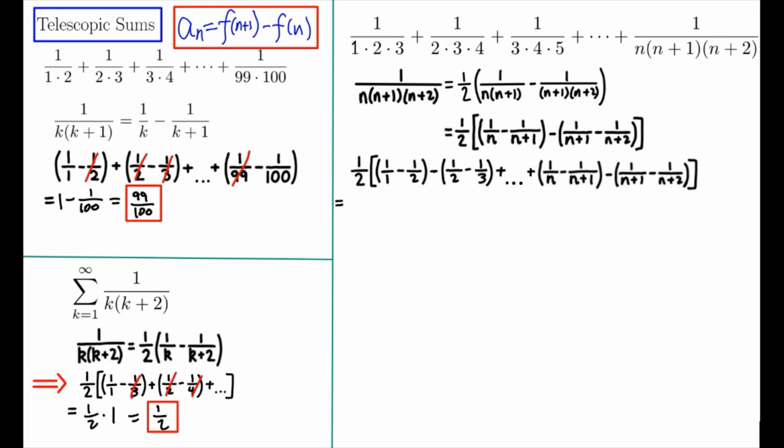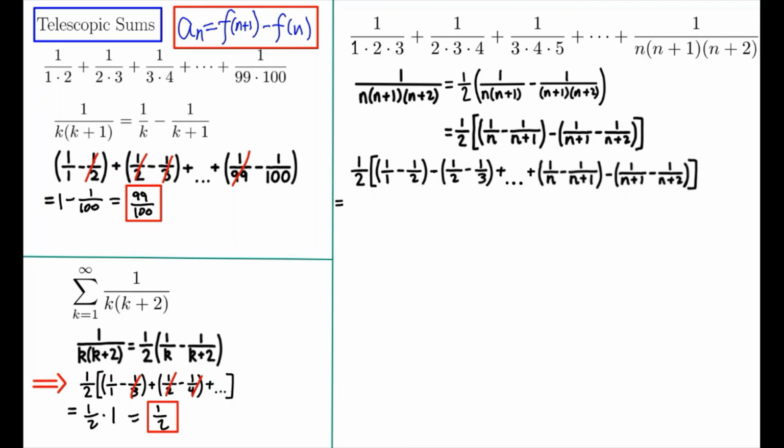We have 1/2 times [1 minus 1/2 minus (1/2 minus 1/3), all the way to 1/n minus 1/(n plus 1) minus (1/(n plus 1) minus 1/(n plus 2))]. Now let's cancel a bunch of stuff.